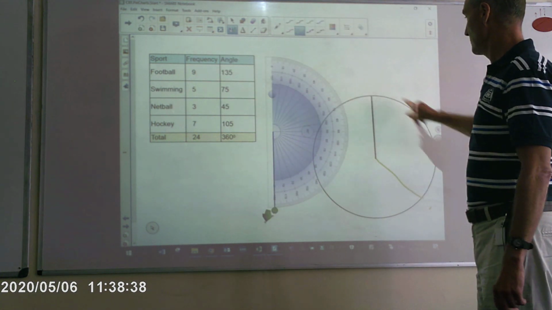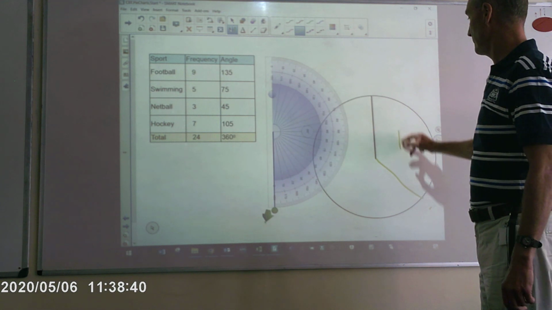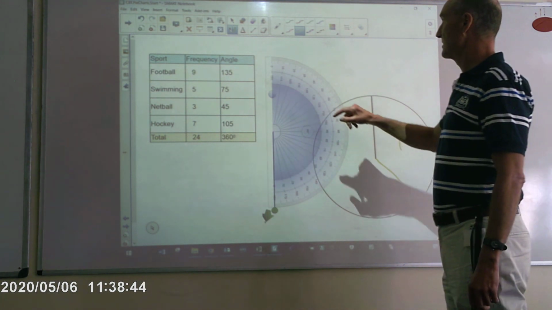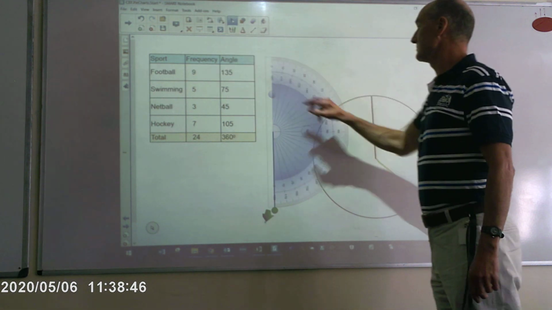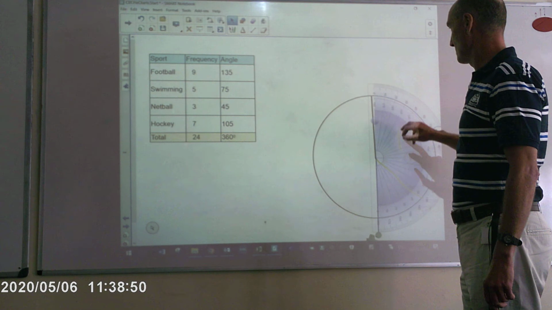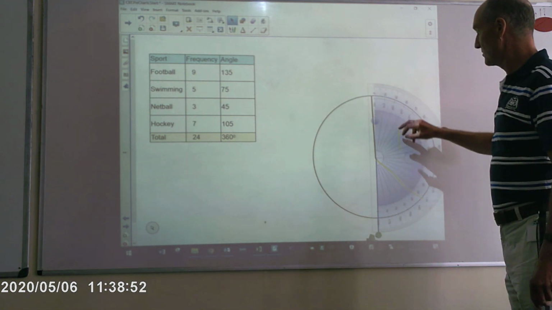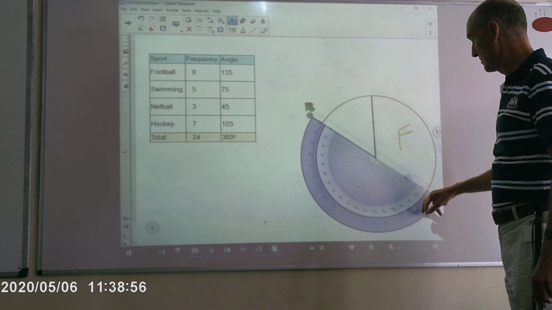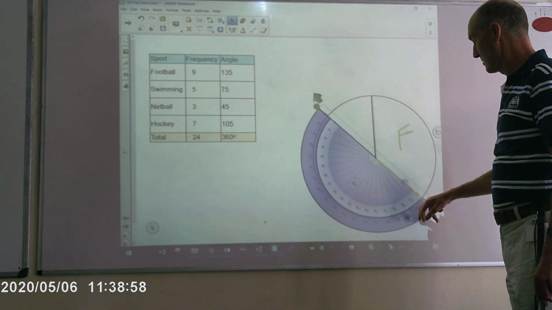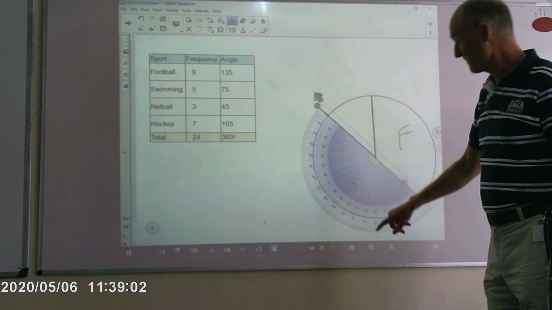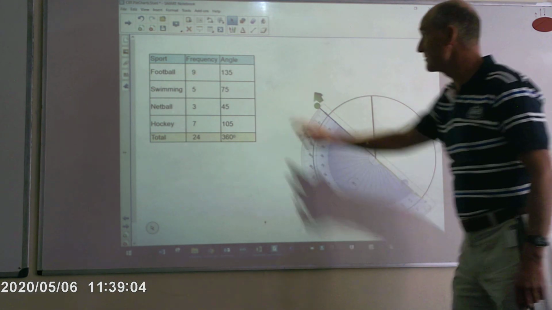So that 135 degrees gives me my football people. I'll then get my protractor again. And starting off this time on the position of my football line, I can measure around 75 degrees.